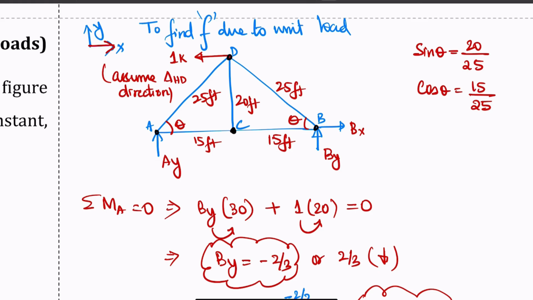But at joint C, because these are collinear, so if two member forces are collinear, then the third one will be 0. So in this case, your third one will be equal to 0. Okay, so if the third one is equal to 0, then we can also say that your FAC must be equal to FCB.